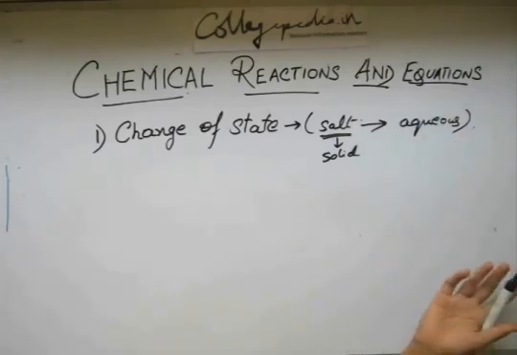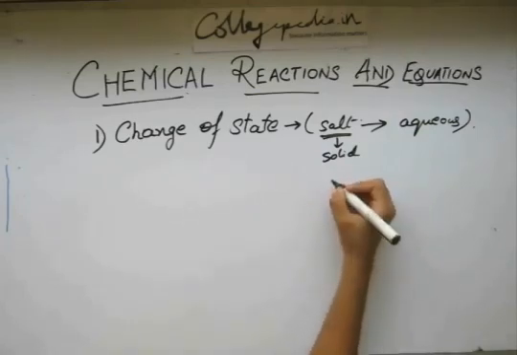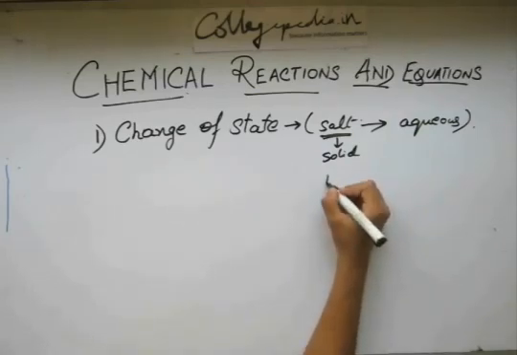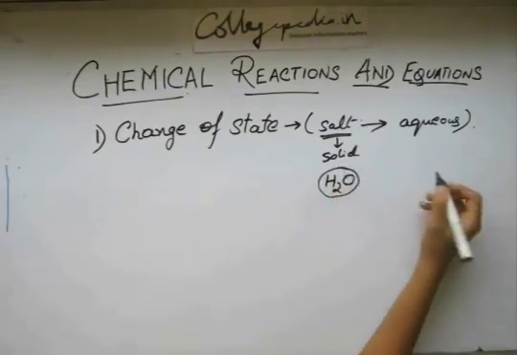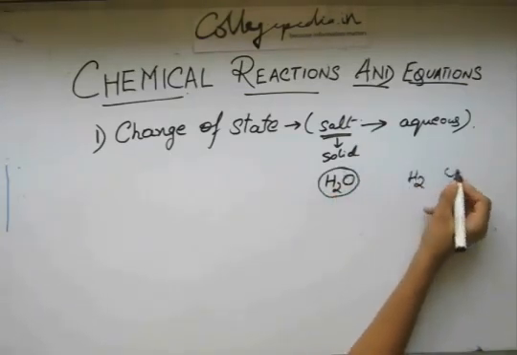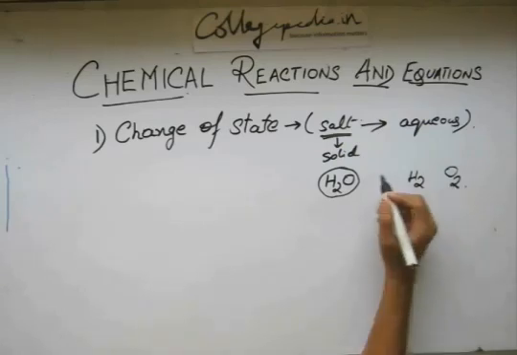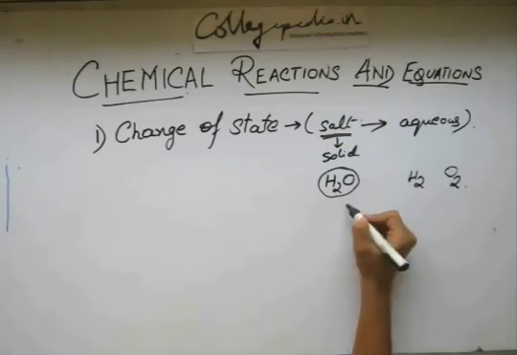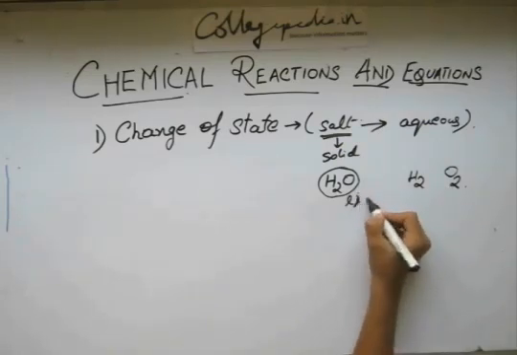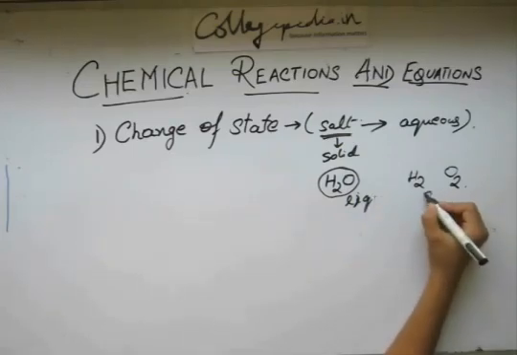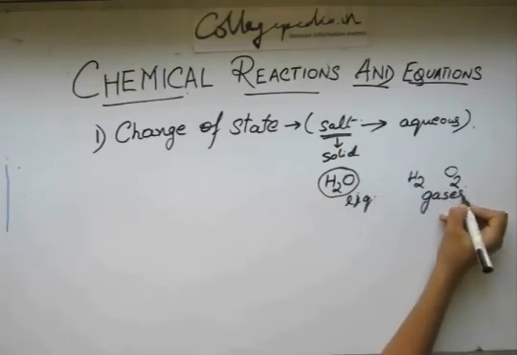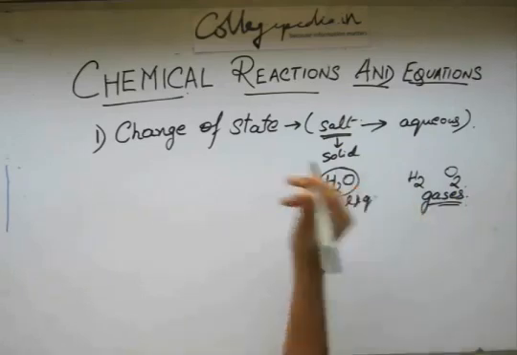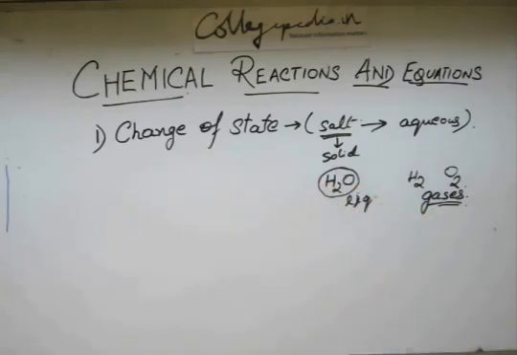So that's a change of state. Or you can say when you do electrolysis of water, the H2O, which is water, changes into hydrogen and oxygen. So this water, which was liquid, changes into hydrogen and oxygen, which are gases. So you can say that the chemical reaction has taken place due to the change of state.